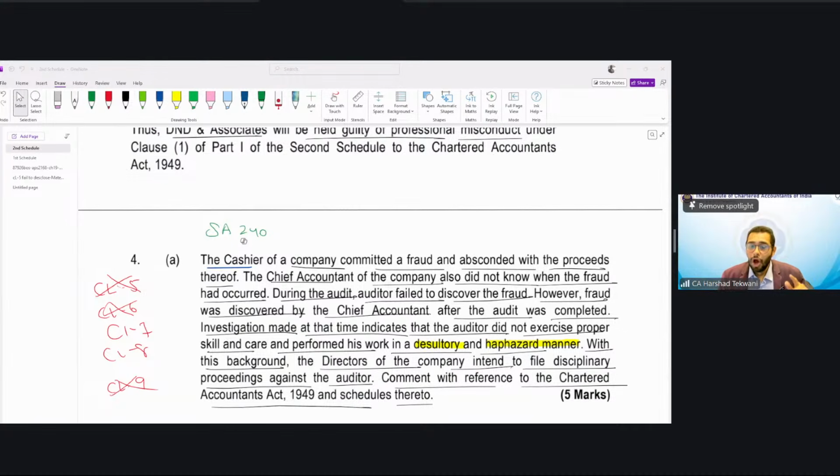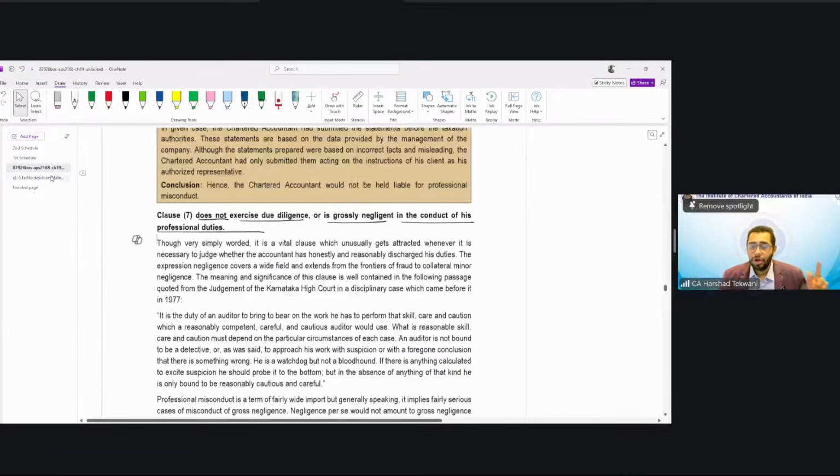He did not exercise the due skill and care required to perform the work. That's where clause 7 will come into the picture. That is, does not exercise due diligence, or is grossly negligent.